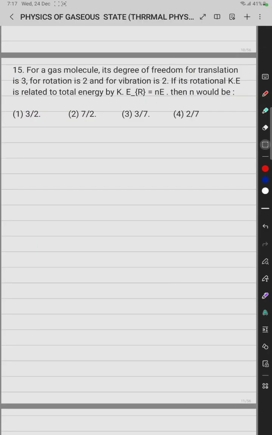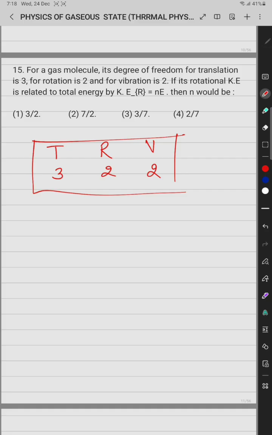The gas molecule has degree of freedom for translatory is 3. For rotation is 2, and vibration के लिए भी कितना है, that is 2. In total energy इन तीनों degree of freedom पर divide है, ratio is 3:2:2.